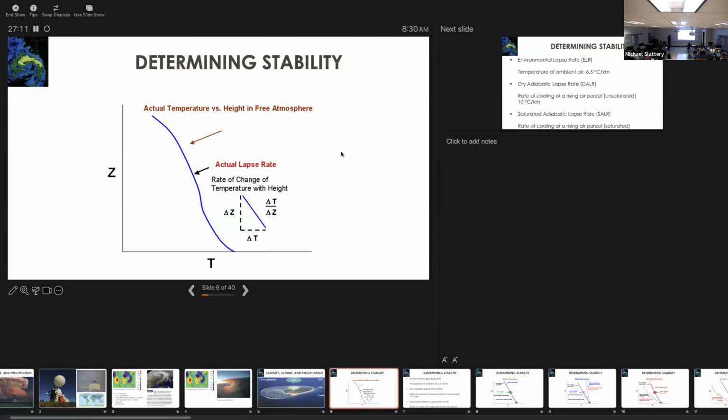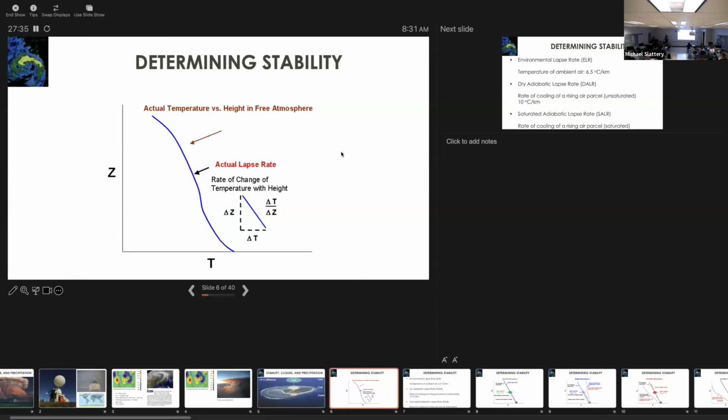We refer to that also as the ELR, the environmental lapse rate. What is the actual environmental rate of change with height? So that's one acronym I want you to get down. There'll be a couple more this morning as we go through. ELR, environmental lapse rate. Okay, actual change in temperature with height.